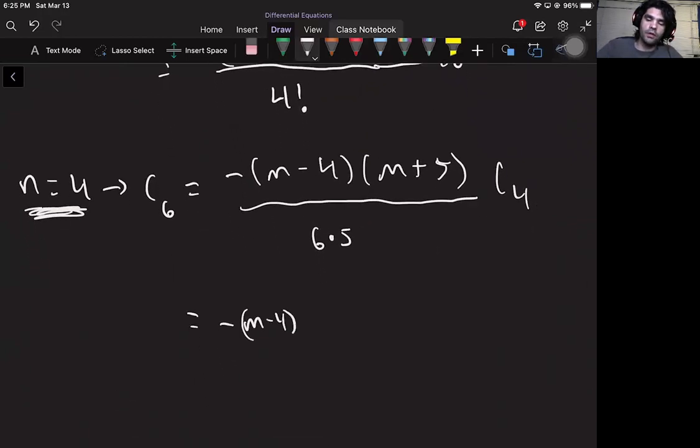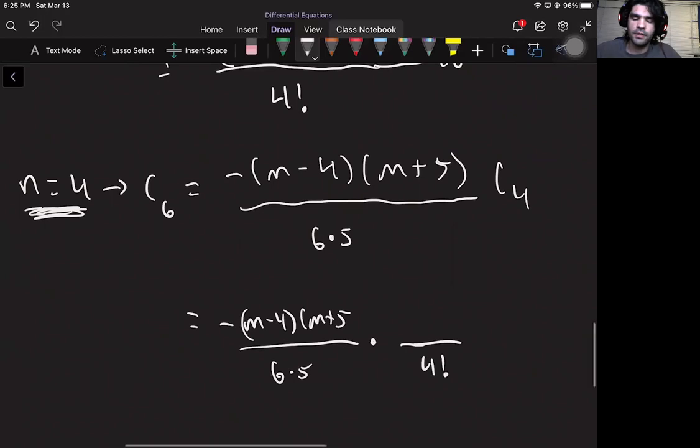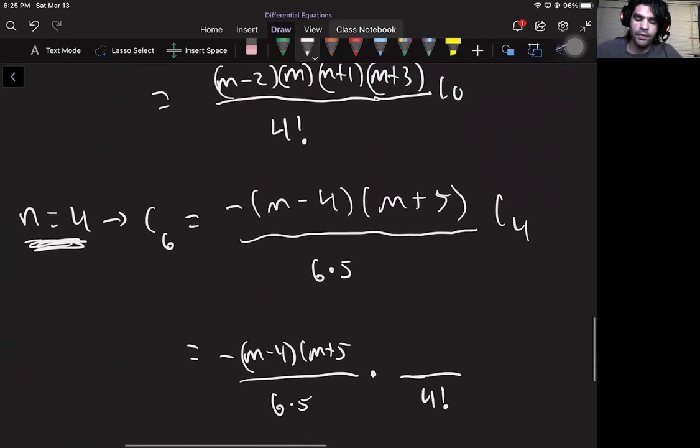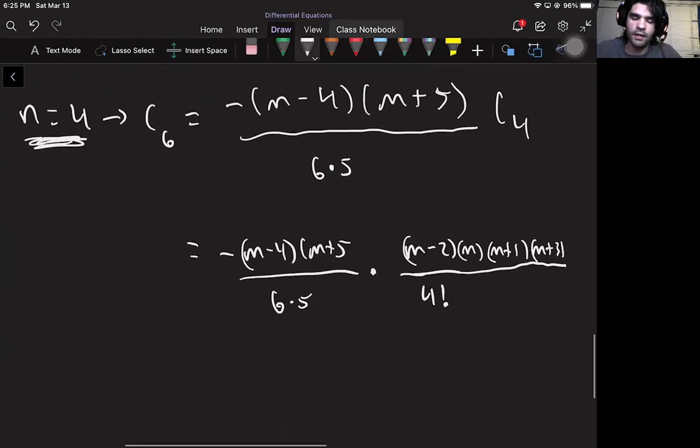and rearrange, you might start to see the pattern. So I have this 4 factorial, which is going to combine with that 6 times 5 to make a 6 factorial. And then I have these other terms here. And all I'm doing is going out one more odd number and backwards one more even number in terms of subtracting and adding.